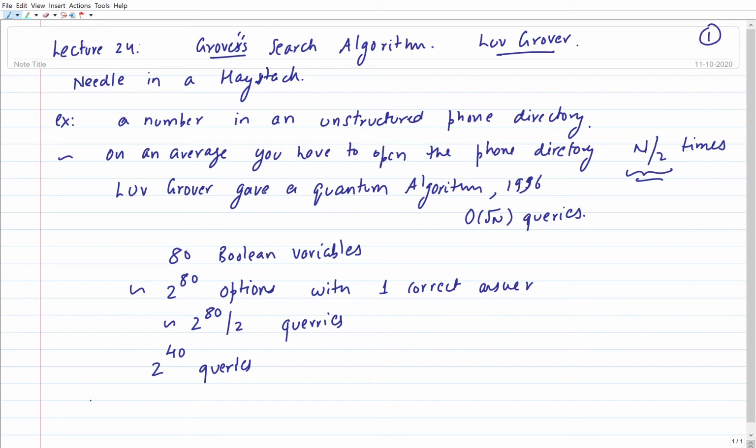So let's say at the rate of 10 to the power of 9 assignments per second, basically your computer speed or classical processor, this number of entries is going to take 38 million years.